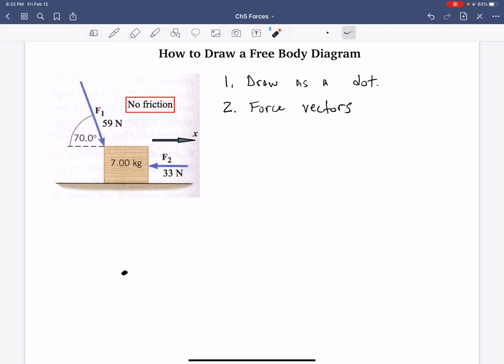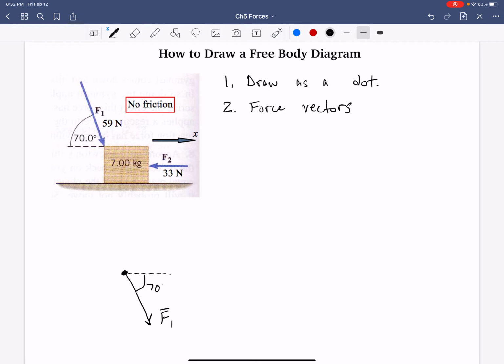So we need to keep the same angles, otherwise we'd change the vectors themselves. So F1 is at an angle of 70 degrees to the horizontal. I'm going to translate that down, trying to keep the magnitude the same. And now we have the horizontal here, and whatever geometric term that's called, alternate interior angles? That should also be the same 70. So that's F1.